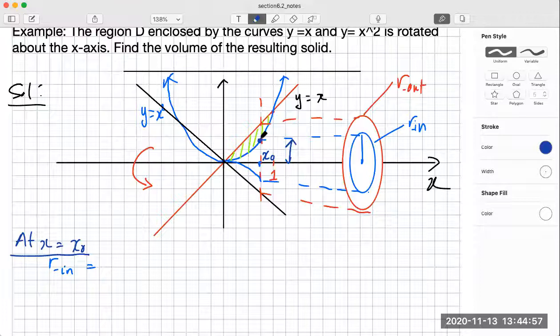And the point here belongs to the graph y is equal to x squared, right? And the distance here will be, what is it? Yeah, at x0, in terms of x0, x0 squared, right? Very good.